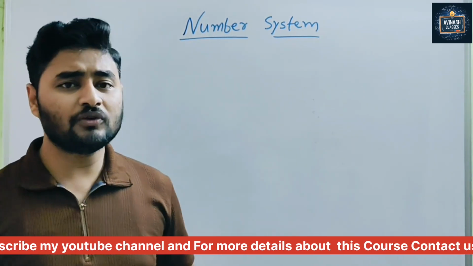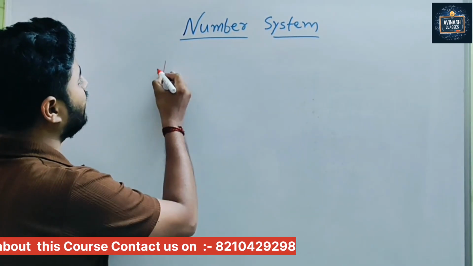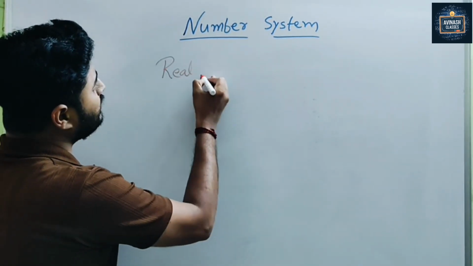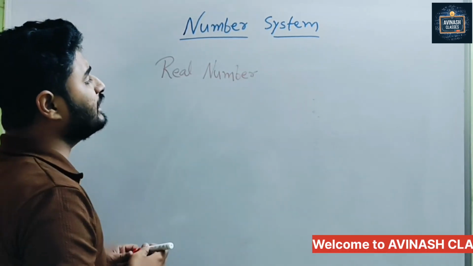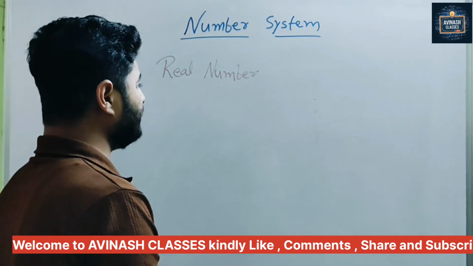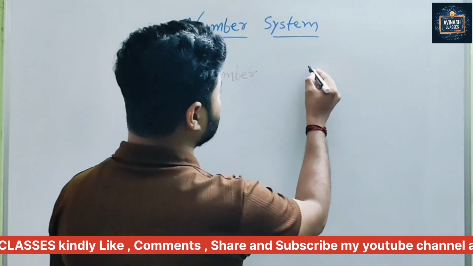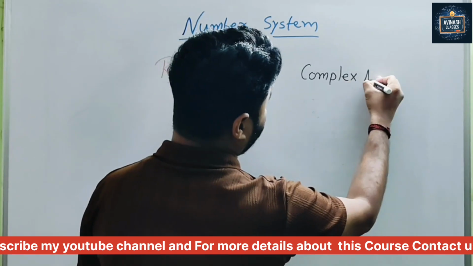Okay. So first, we divide the number into two categories. One category is real number, and the second one is complex number.